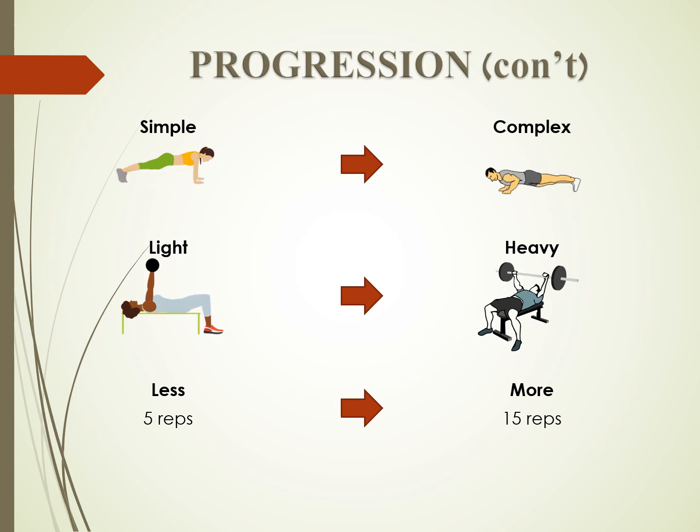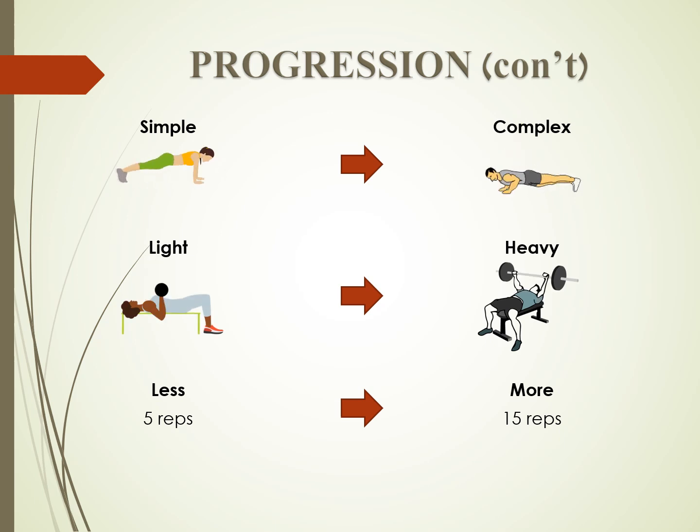So if you can see at this slide, after he do a push up, he raise up his left hand, and then alternately for his right hand. So from simple normal push up to a more complex push up.